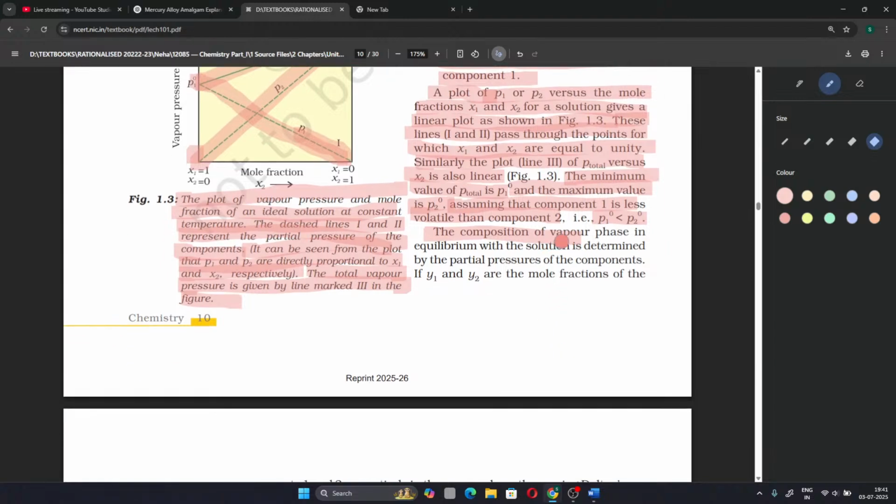The composition of vapor phase in equilibrium with the solution is determined by the partial pressures of the components.